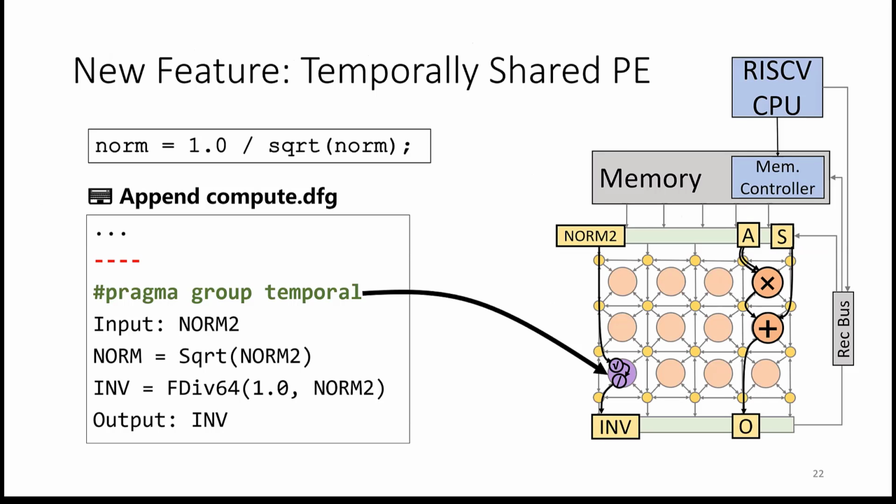So we use several dashes to separate each sub data dependence graph, so that these graphs can coexist on the spatial architecture. And another thing for the inverse square root: it's a scalar operation compared against the vector operation. They are executed less frequently, so they are mapped onto a temporally shared PE across multiple instructions.